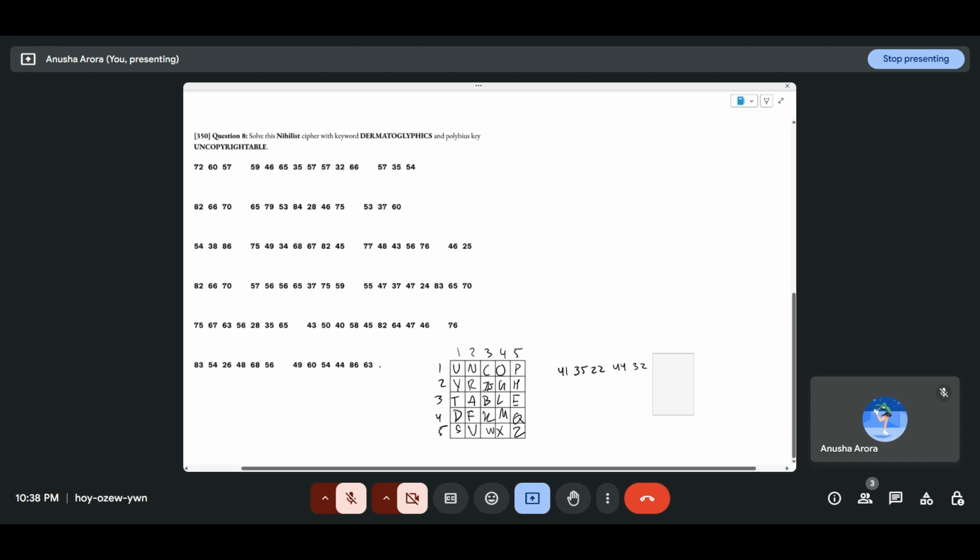Keep going. O is 14. G is 24. L is 34. Y is 21. P 15. H 25. I is 23. C is 13. And then S is 51.